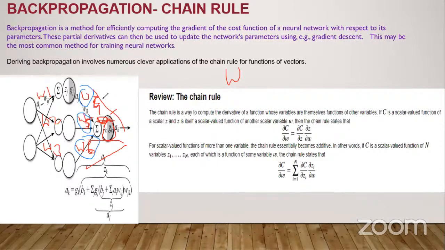Whenever I try to calculate W4, it will be simple, because W4 is in the last layer, going into the output node. W4 new weight will be W4 old minus learning rate into the loss with respect to W4. Let me write the formula.